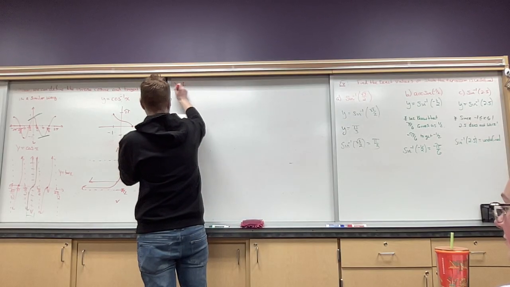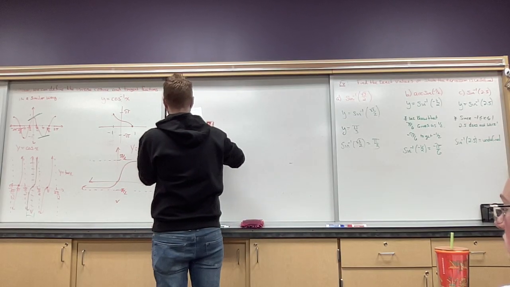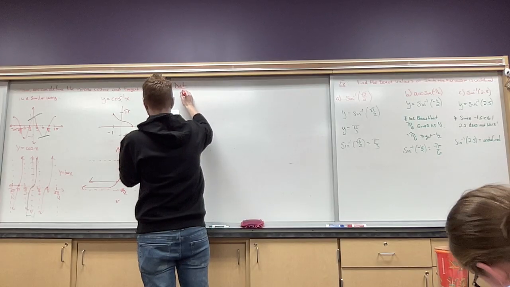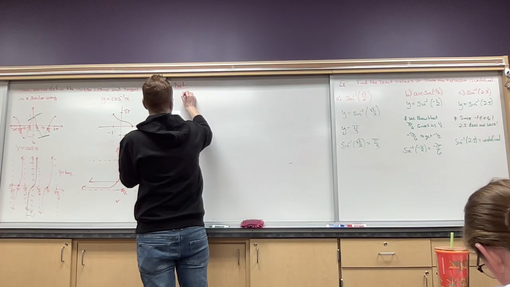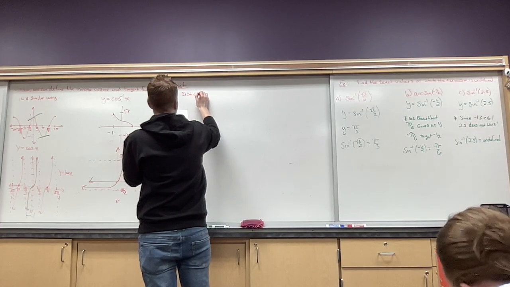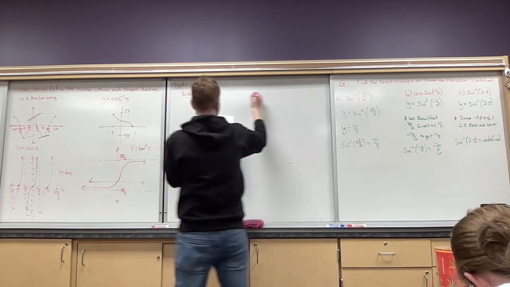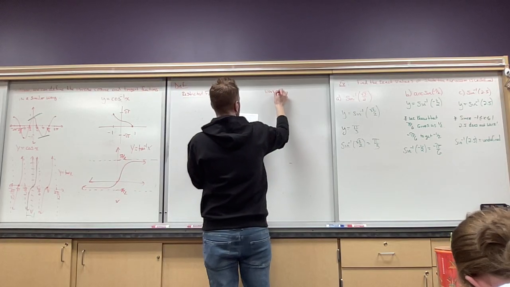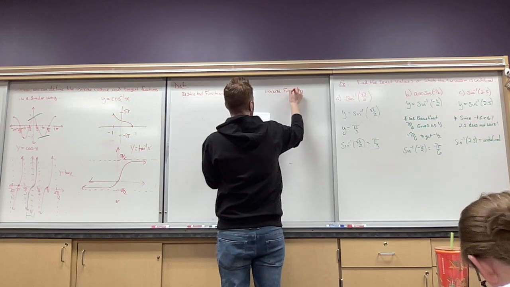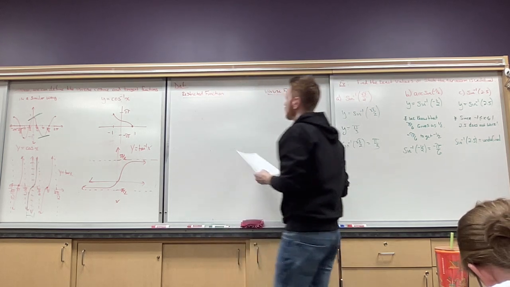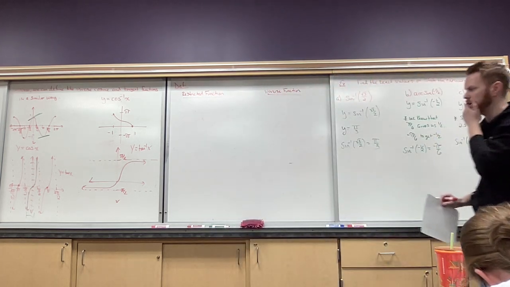So let's do cosine. Here's the restricted function, and here's the inverse. We're going to put cosine and tangent information here.